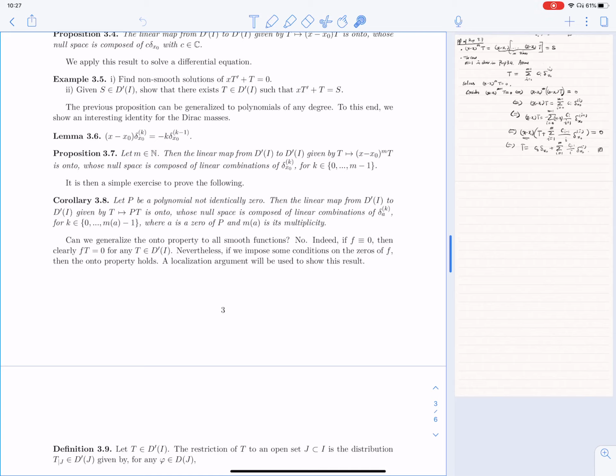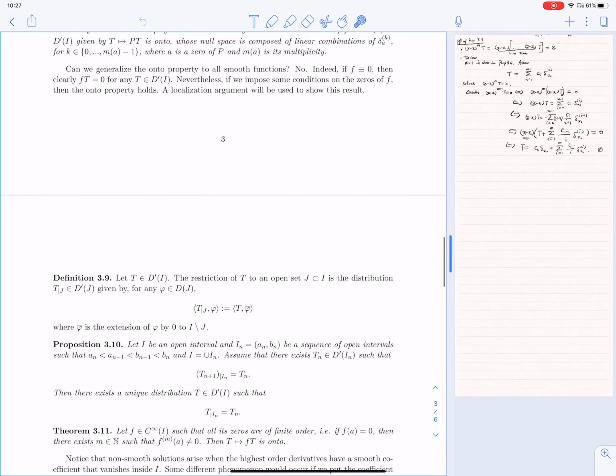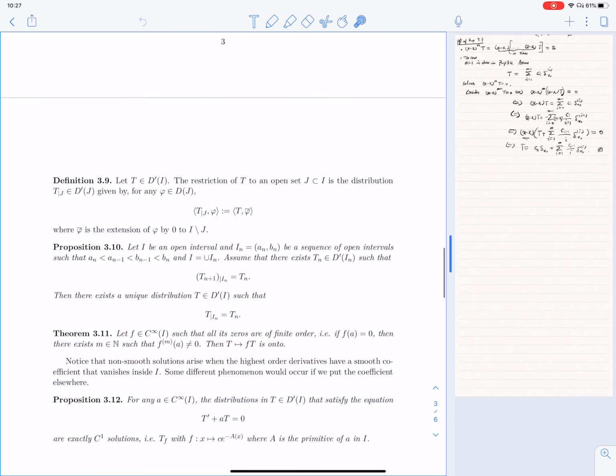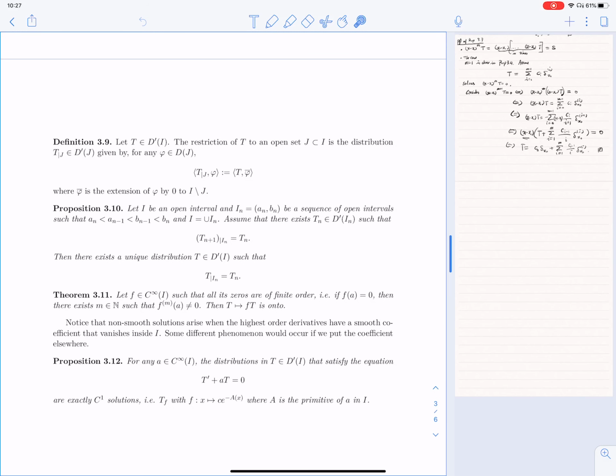So this is the content of, let's say, the main result of this section. This takes us a bit ahead, but it's quite consistent with what we're doing. So if we have a smooth function such that all its zeros are of finite order, something like this.